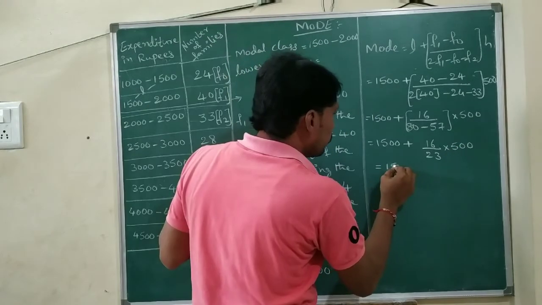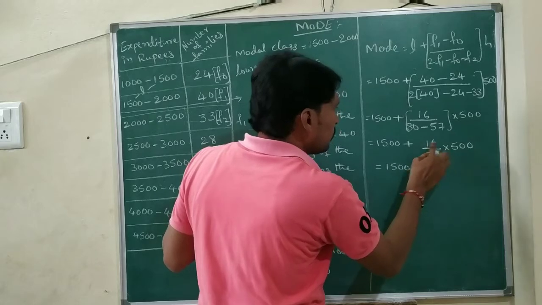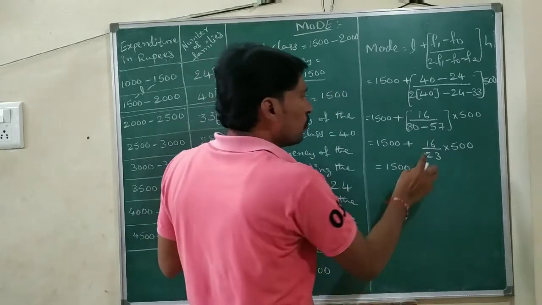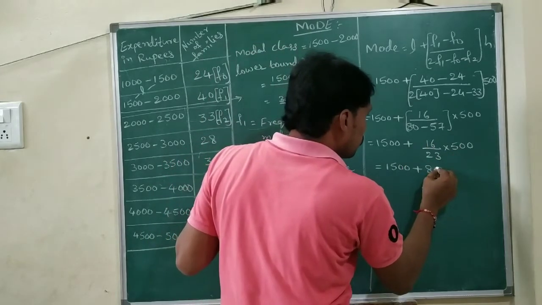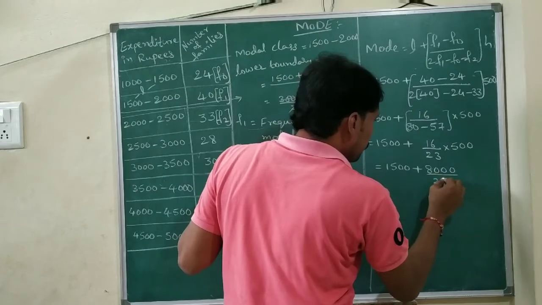That equals 1500 plus 16 into 500, which is 8000, by 23.